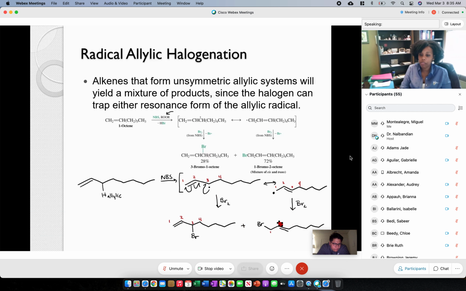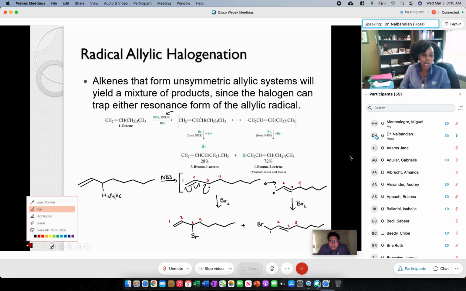Are these two different allylic radicals? Yes. Are these two different products? Yes. These allylic radicals are different from one another, and so we're going to get two products formed there.